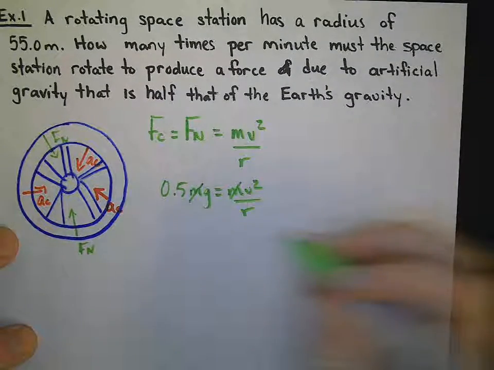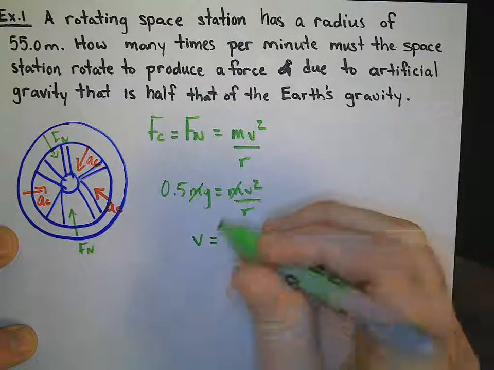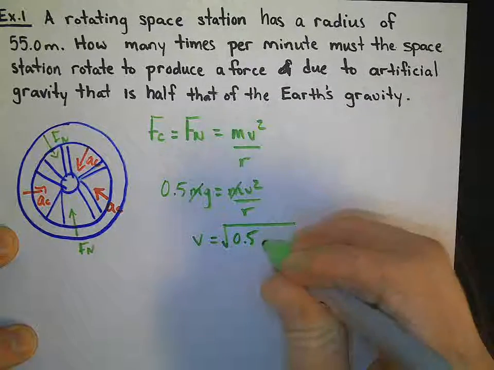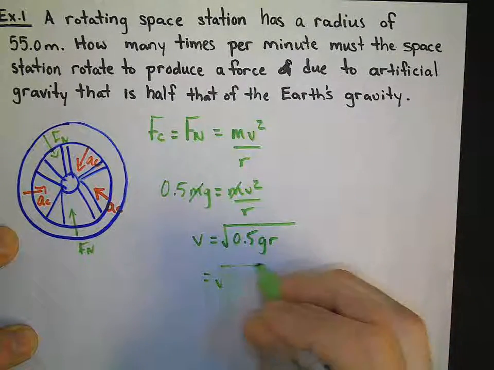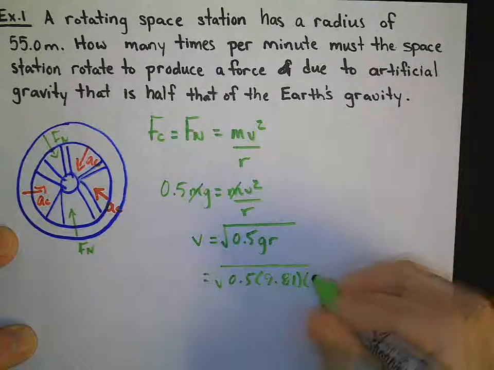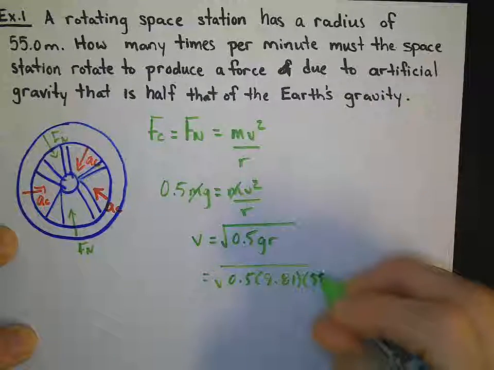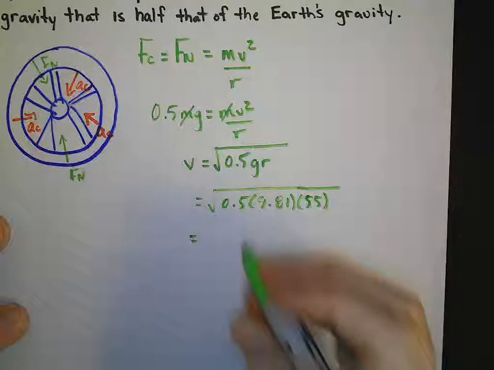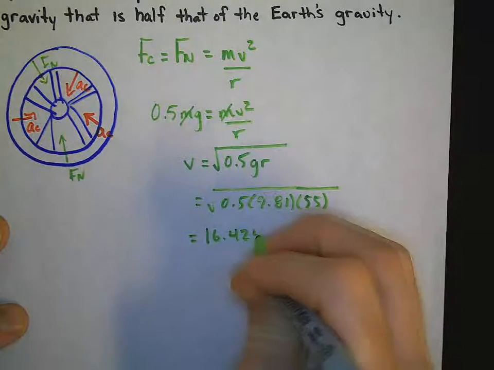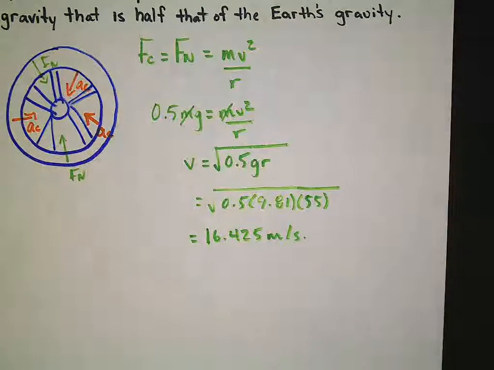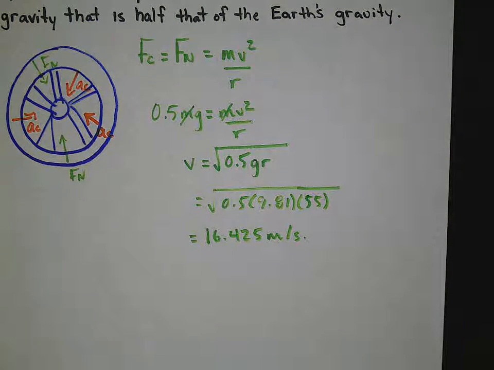So, solving for v like we did the other day, our speed will be equal to the square root of 0.5 multiplied by gr, which is merely the square root of 0.5 times 9.81 times my radius, in this case 55, which is 16.425 meters per second. I do typically like to keep my calculations all in one color, but unfortunately my light green marker is running out.